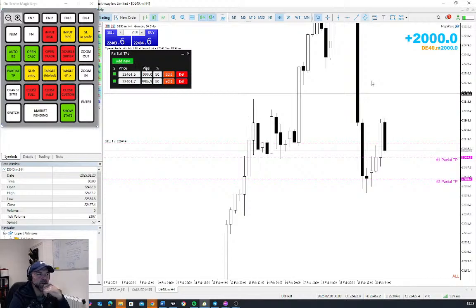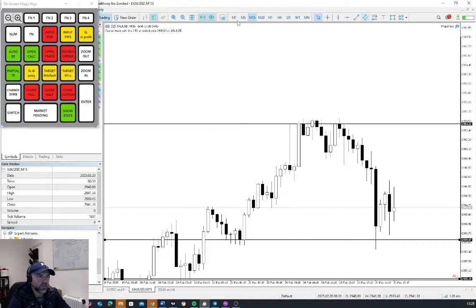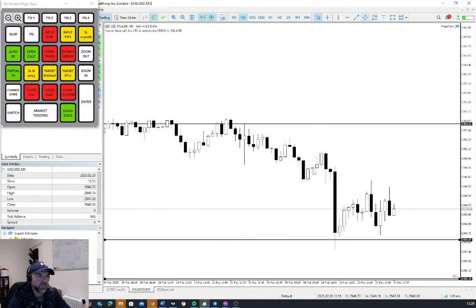See if it has any impact. I don't think US news will have any impact on this market. So let's just have a quick look on gold as it makes its moves. We've got how long left? 50 seconds.